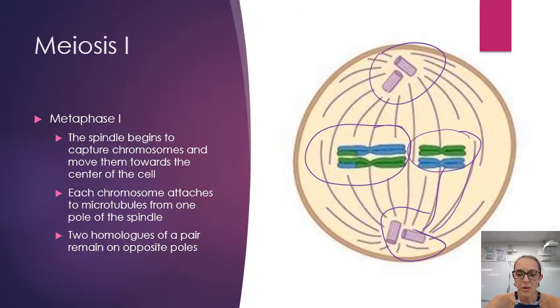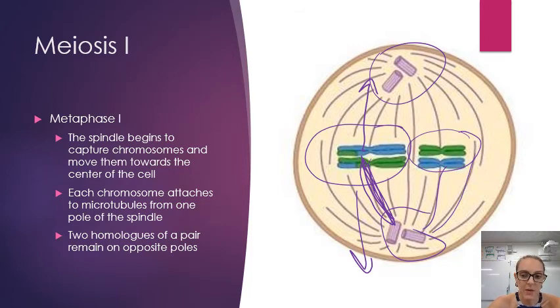So the purpose of meiosis 1 is separating the two homologous chromosomes. Crossing over has happened. So you can see where we're going to pull this green one to this side, and we're going to take the blue one to this side, and that's the first division event of meiosis.